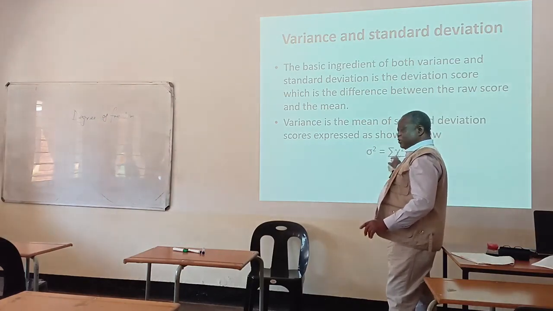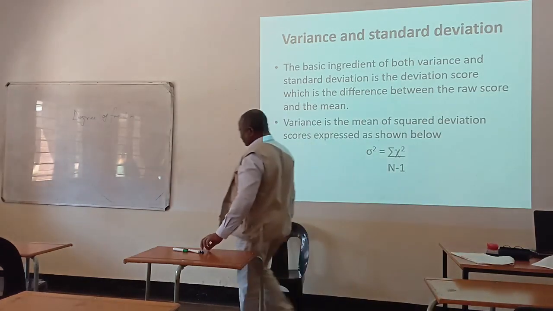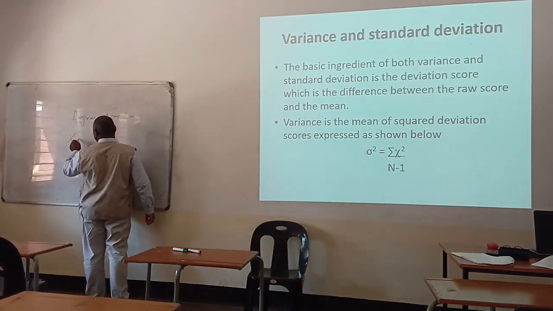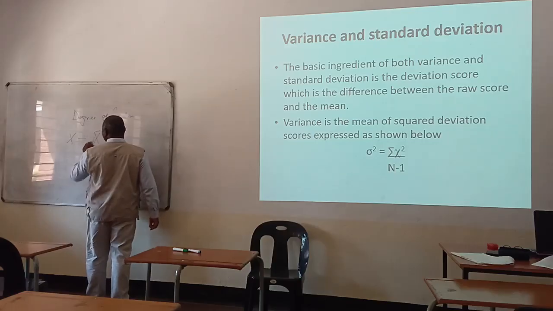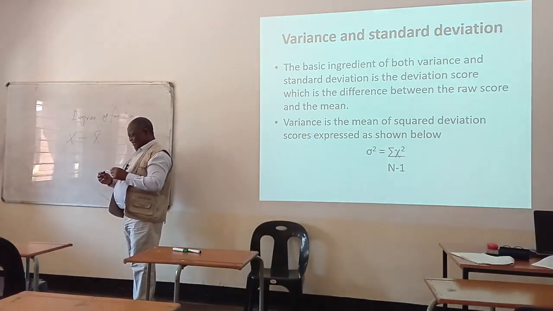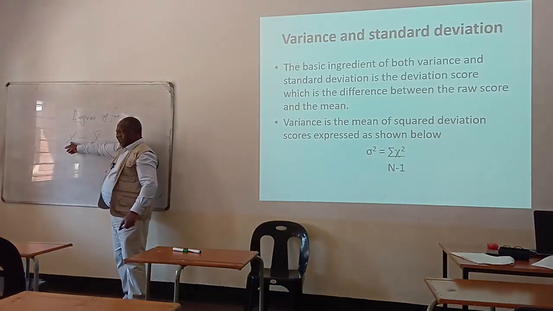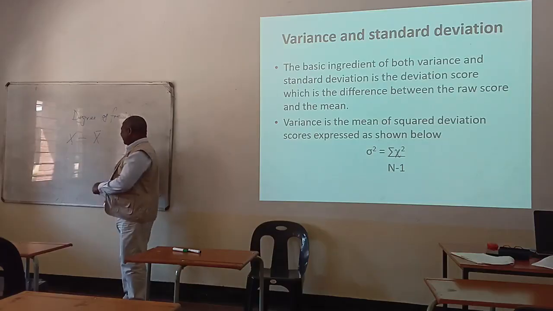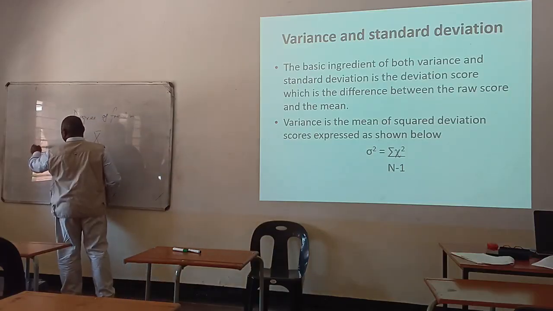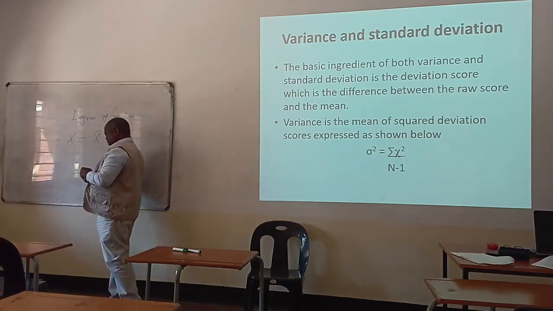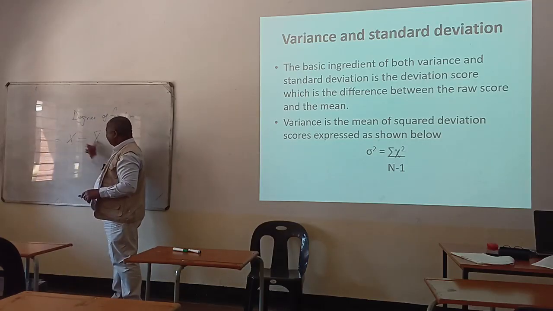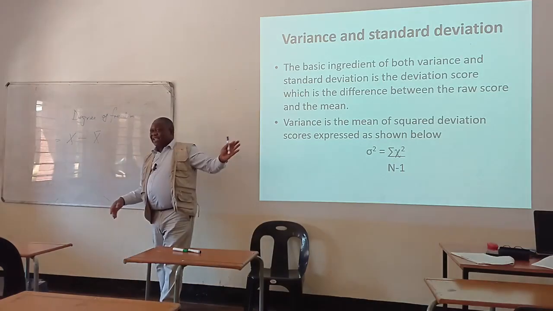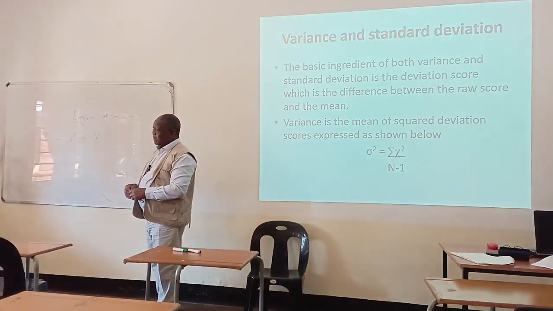You remember the deviation score is coming from x minus mean, the score minus the mean. You remember that? That's how we came up with the deviation score. So the fact that we are removing them from the mean, the summation here has the constraint just like I was demonstrating in those numbers.